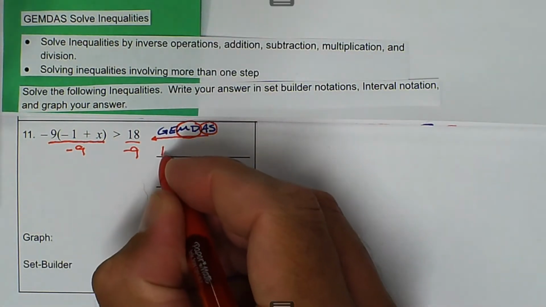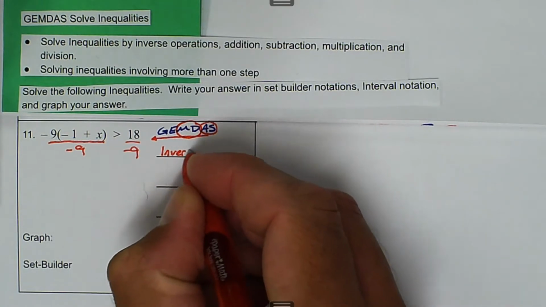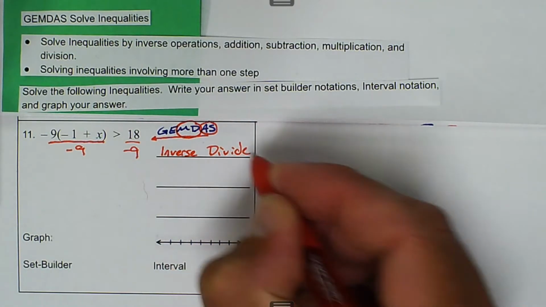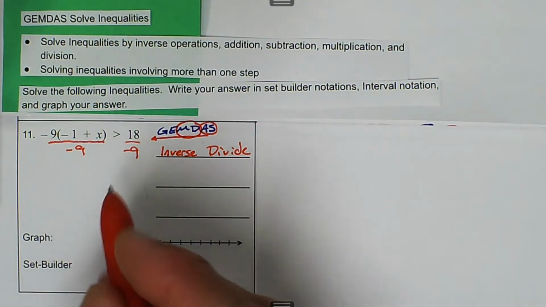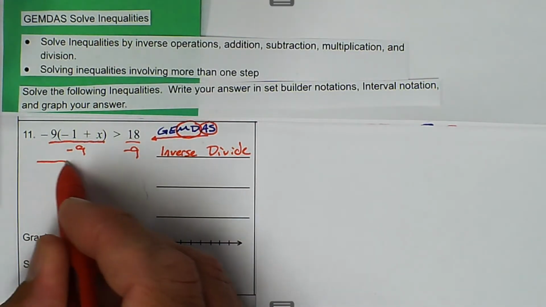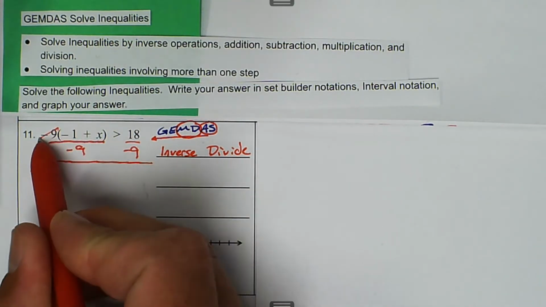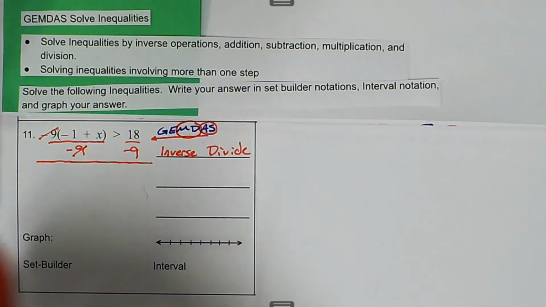So that is inverse divide. When we're dealing with inequalities, the reason that we divide is because we want this 9 and this -9 to cancel.